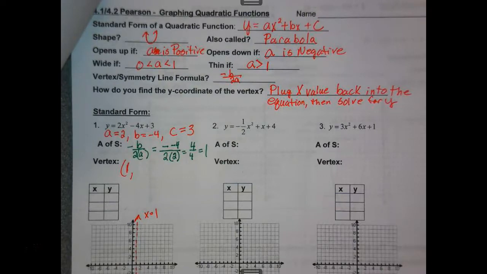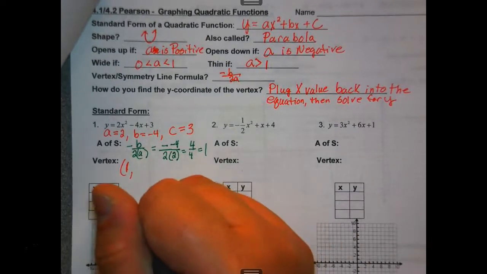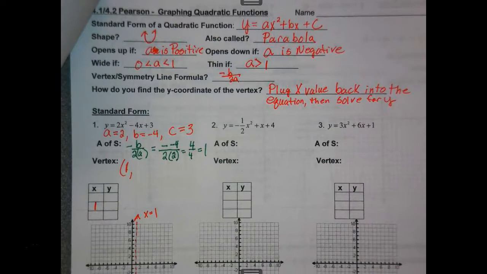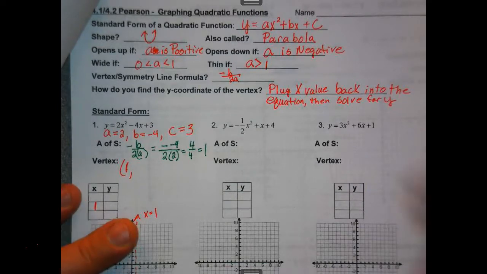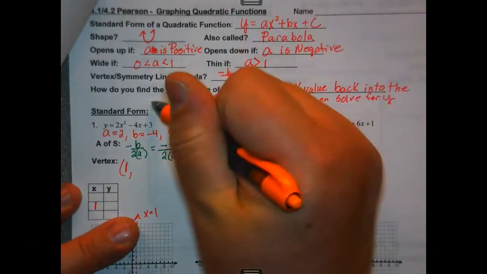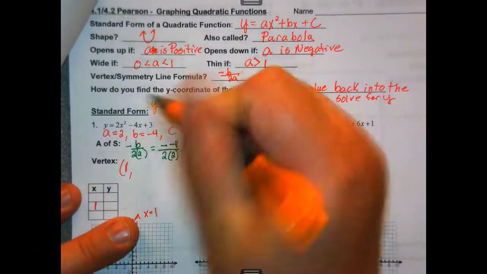Are we ready? Now, how do we find y? Yeah, we're going to plug it back in. So I have y equals 2x squared minus 4x plus 3.